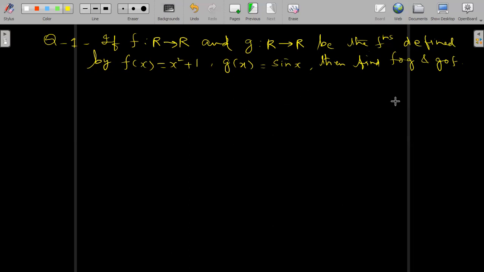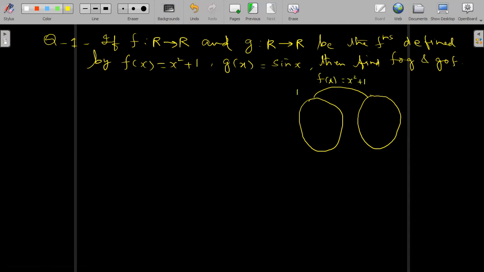Okay. So when we are finding G composite F, first we have to check F is a mapping from real numbers to real numbers. So you can check first this F is a mapping from this set to this set. What will be the element of these sets according to the function defined as f(x) is equal to x square plus 1?